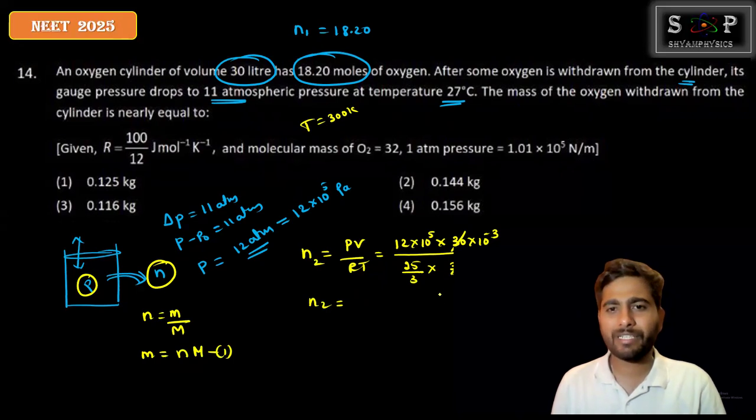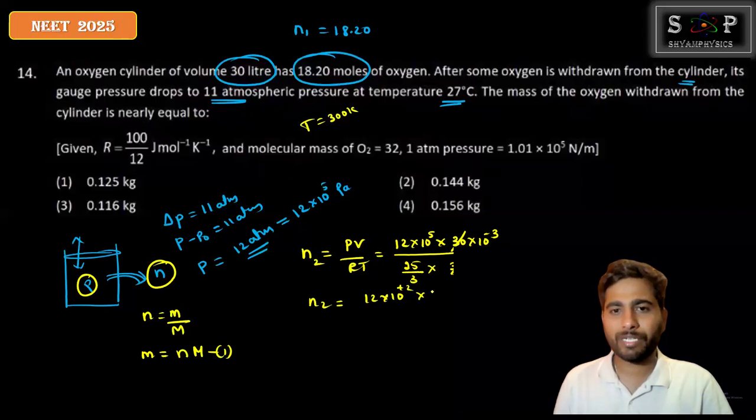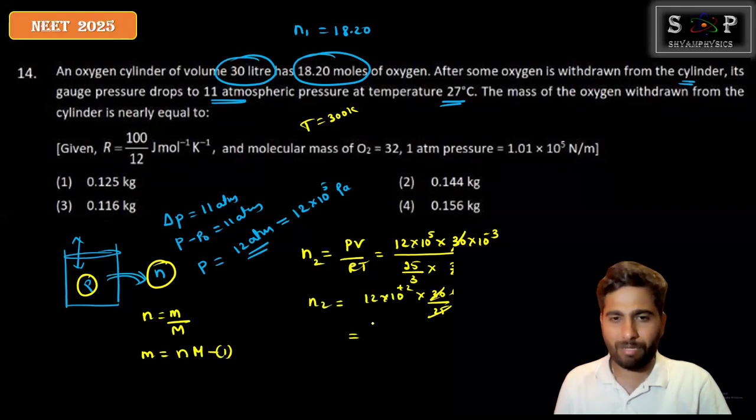30 and 10 will be cancelled. So 30 into 10 means again it is 300. So 30 will come to the numerator. So 12 into 10 to the power 5 minus 3, means 10 to the power 2, into 30 by 25. So 12 by 5 into 6 into 10 to the power 2.